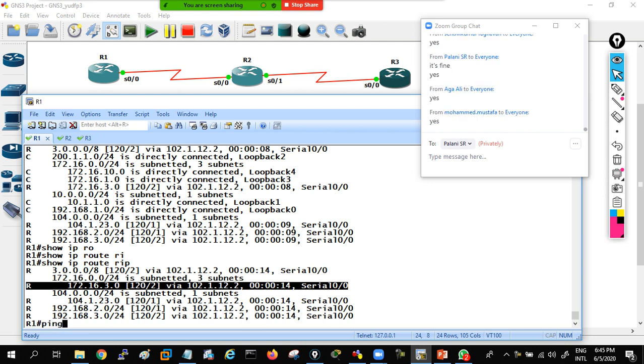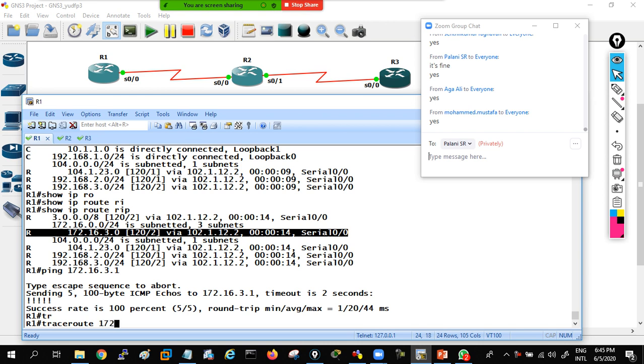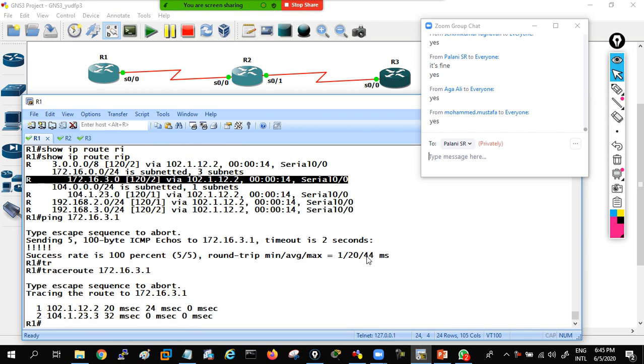Now you can ping 172.16.3.1. Now trace it. There you go. It went to router 2, and after that router 3. Is it clear, everybody? Do you understand the importance of no auto-summary? That's why make sure that you give no auto-summary.